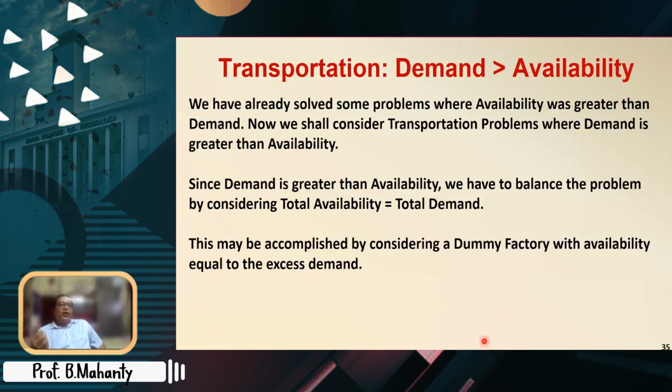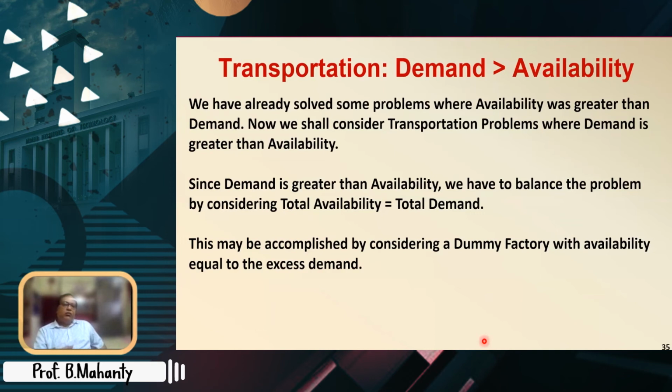Should we deprive warehouse 1 or warehouse 2 or warehouse 3 or warehouse 4? We don't know. So since we do not know, we should allow the problem to determine that. So in the transportation problem, the optimality criteria should determine which warehouse should be deprived of those additional units.